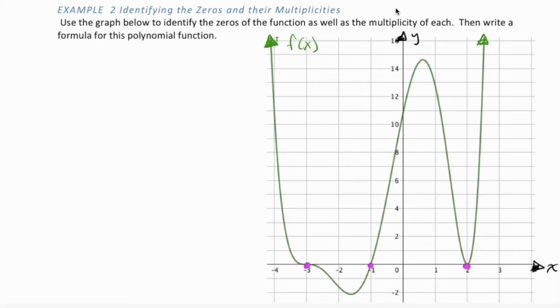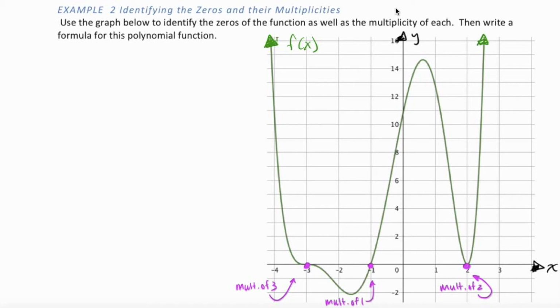So it's safe to say that we have a multiplicity of 3 here, a multiplicity of 1 here, and a multiplicity of 2 here. If we add these up, 3 plus 1 plus 2, we have 6, so this will be a 6th-degree polynomial.